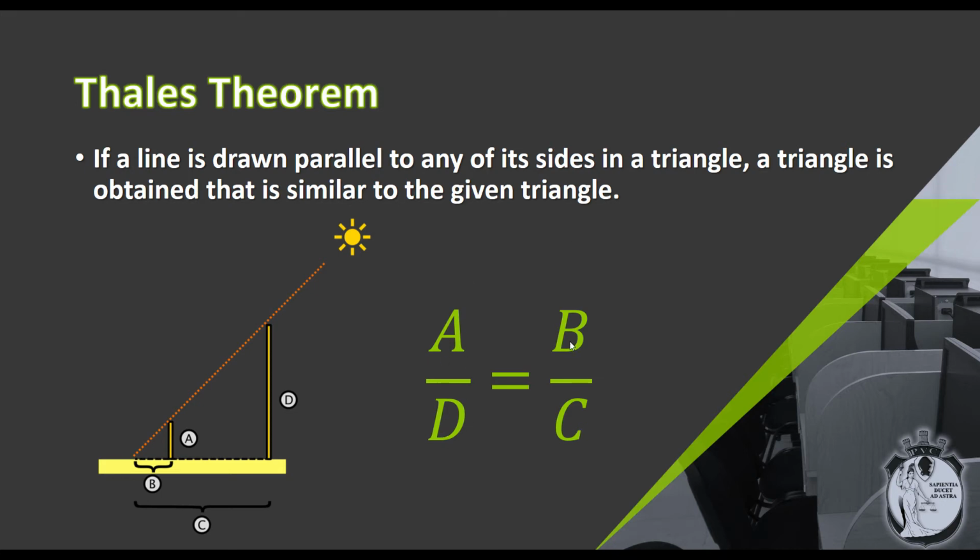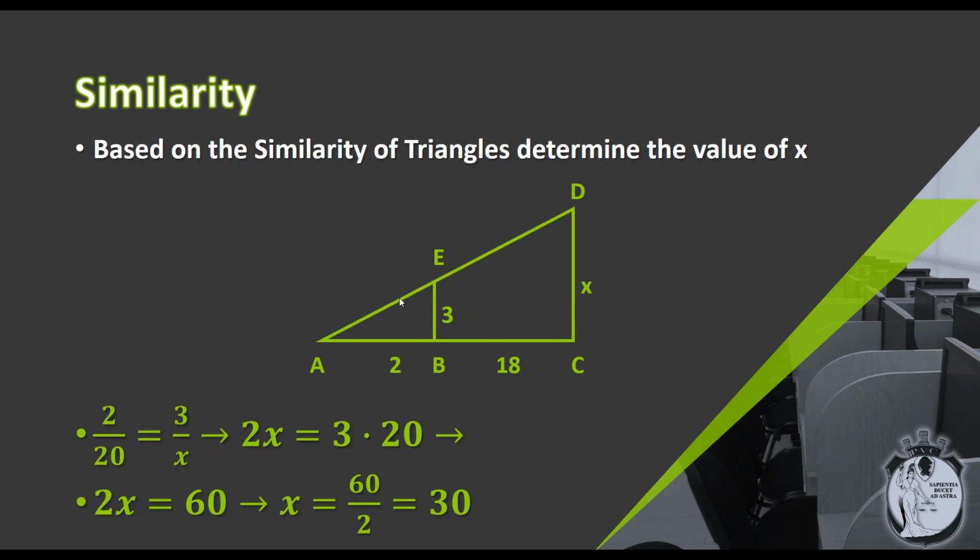B and C are the same side. AB is the same triangle, DC is the same triangle. So if you compare that, you can calculate using the proportionality here. It is like the situation that Thales solved so many years ago.